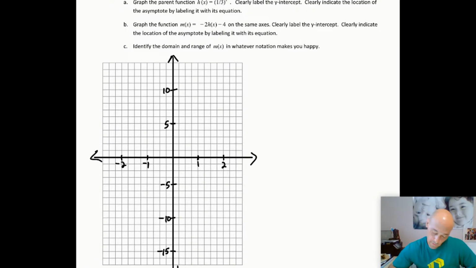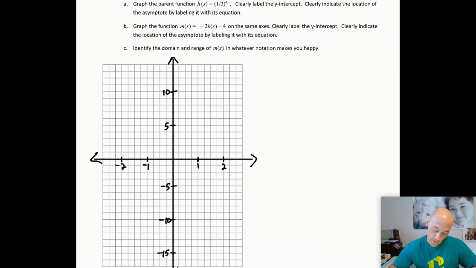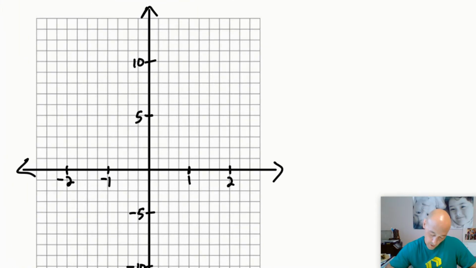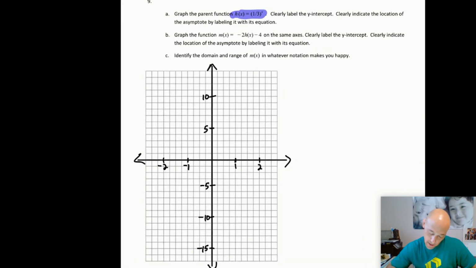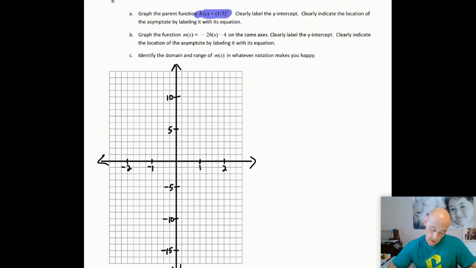Okay, so the first one we're going to graph is the 1/3 to the x. H of x is 1/3 to the x. So right there. And because the asymptote, the k value, is 0, I can put it right in here on the x-axis.